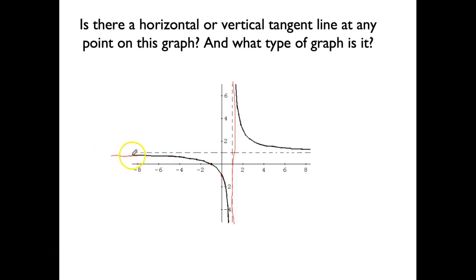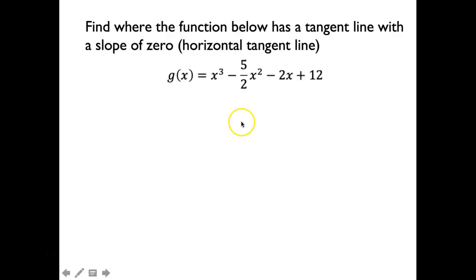It just gets to be a smaller and smaller slope, approaching a slope of 0, but it never actually has a slope of 0. So here there's only a vertical tangent line. And it occurs at x equals 1. Okay, let's go through, let's do some problems here.